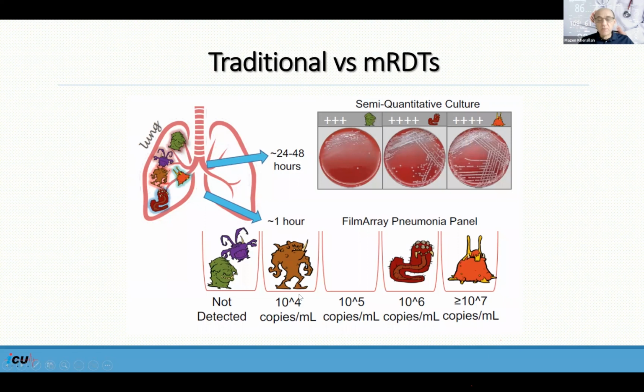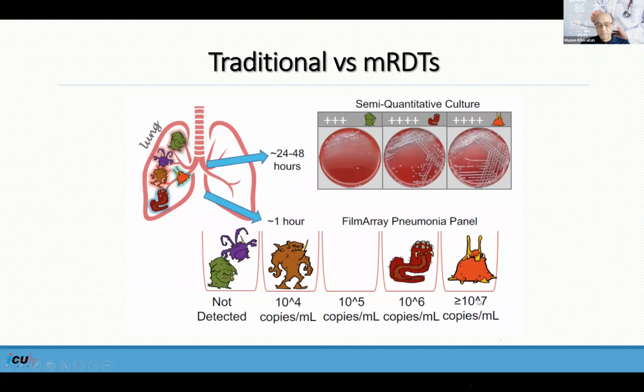And we get different bins here, as you see, in terms of how much organism we have in that specimen. The results are in copies per milliliter. This organism is at 10 to the power of 4, compared to these 2 other organisms, which are at 10 to the power of 6 and more than 10 to the power of 7.